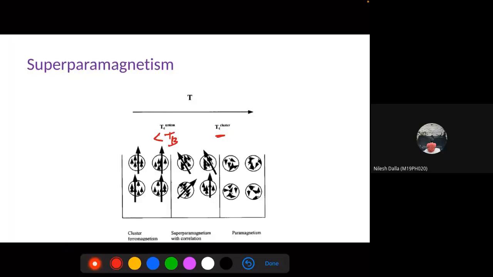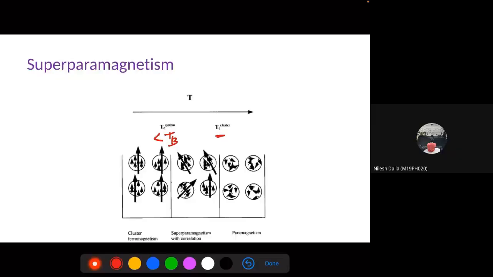But between the blocking temperature and TC you will not observe hysteresis, so the coercivity will be zero. Above TC, as for all magnetic materials, it will behave like a paramagnet.